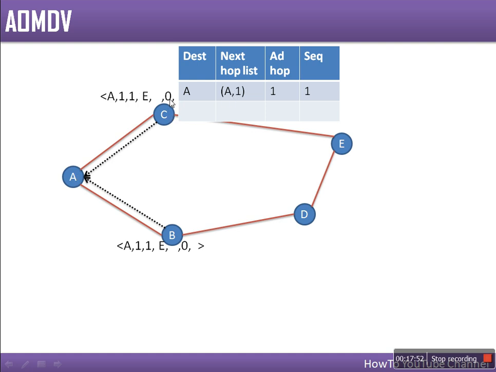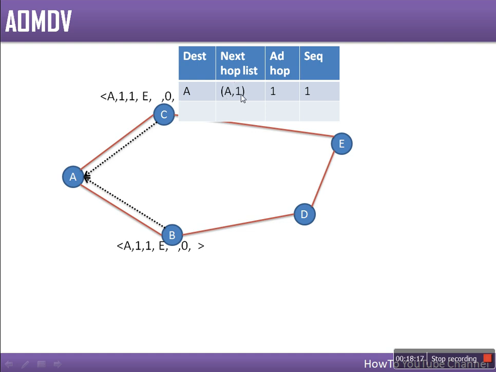And C also will find out that this packet is coming from this node, and this node is zero hops away from node A. So from C, this node will be one hop away. So it will increase this number and put it in the next hop list, that node A is away from node C with one hop count.